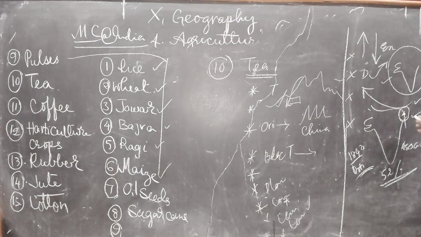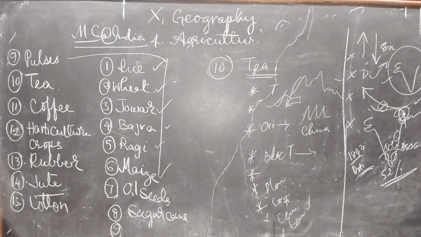And West Bengal also cultivates in Darjeeling, and Bihar, Himachal Pradesh, Uttarakhand, Tripura, Andhra Pradesh, and Karnataka, Kerala and Tamil Nadu also cultivate tea near the Nilgiri hills.